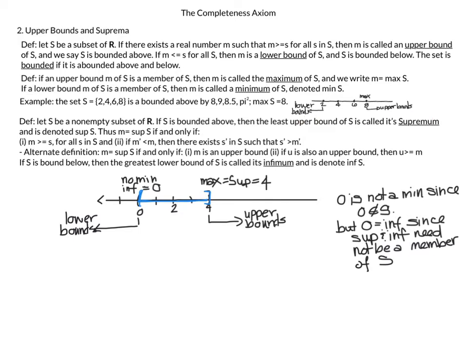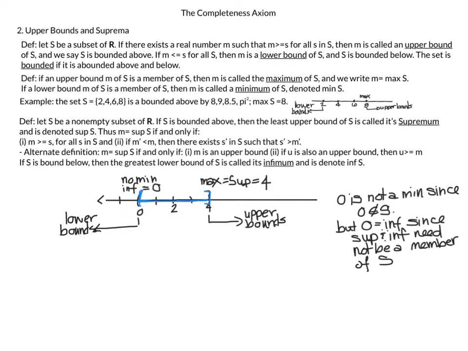So it's the smallest upper bound, and it is denoted sup S. Thus, M is equal to sup S if and only if, one, M is greater than or equal to all the elements in the set S, and two, if there's another number M prime less than M, then there's some element in S that is greater than M prime. This is important more if it's an open interval. So we'll look at this condition for the infimum on this example because we have an open interval.